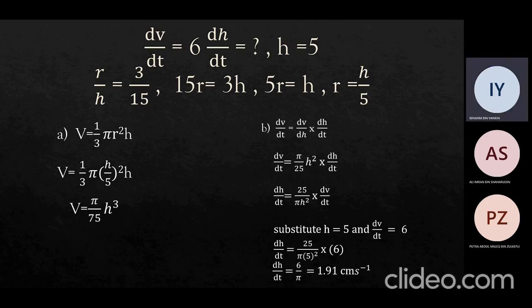Now all we need to do is substitute h equal to 5 and dV/dt equal to 6. So we will get dh/dt equal to 25 over pi h squared, where h is 5, multiplied by dV/dt, which is 6. So we will get the answer dh/dt equals 6 over pi, which is equal to 1.91 centimeters per second. That's all for the solving of question 2.